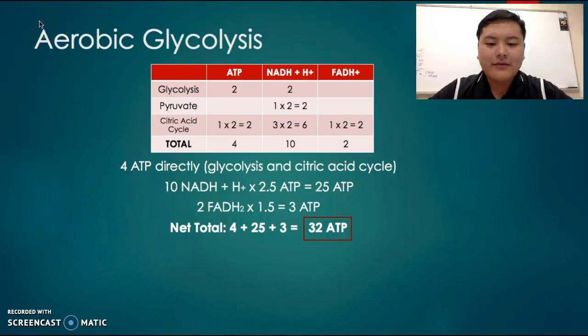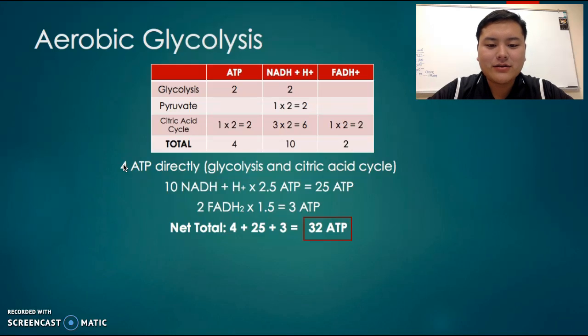So here we are. Let's add everything up. From everything we have, we tallied up all the NADH, all the FADH. So we have 10 NADH from the combination of glycolysis, pyruvate, and citric acid cycle, and we have 2 FADHs. So first of all, we have the 4 ATP from glycolysis. Those are direct transfers.